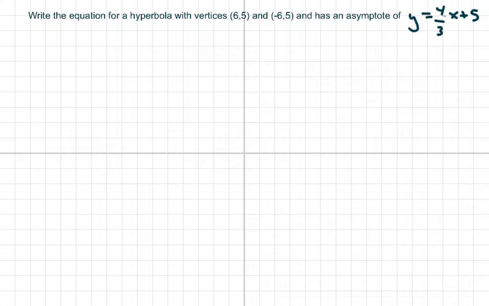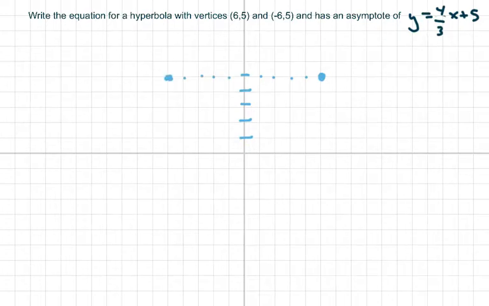Okay, the next one is we have a hyperbola, and I know the vertices are at 6, 5, and, okay, 1, 2, 3, 4, 5, and 1, 2, 3, 4, 5 right here.